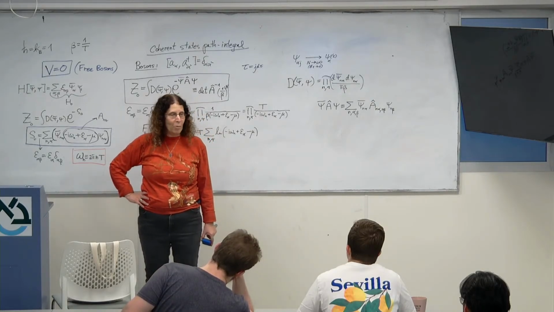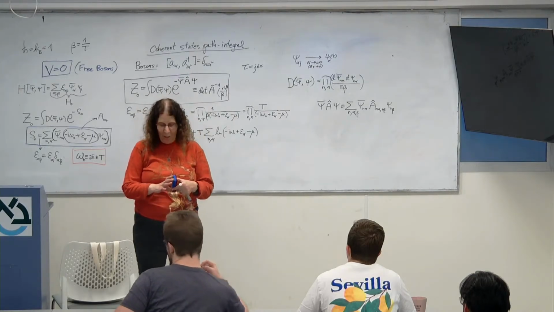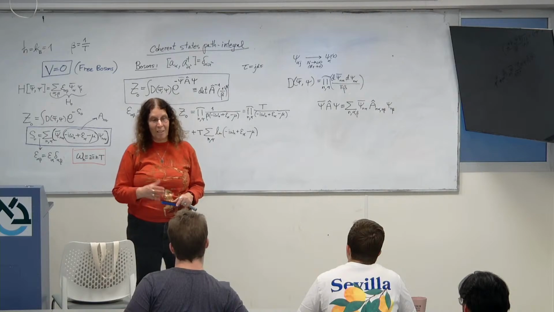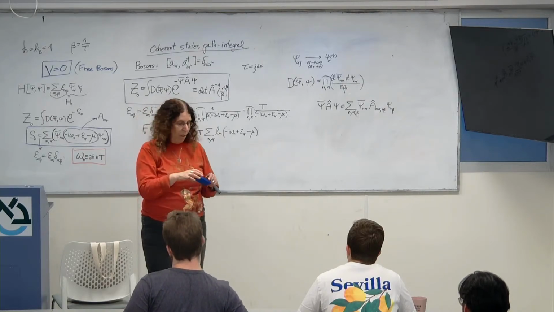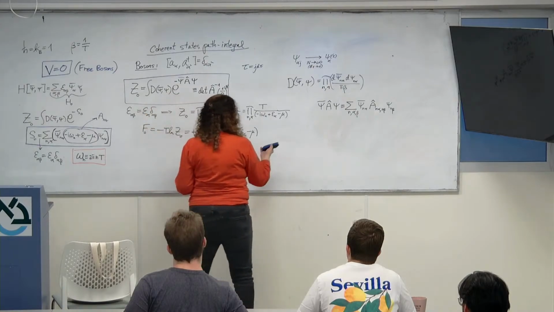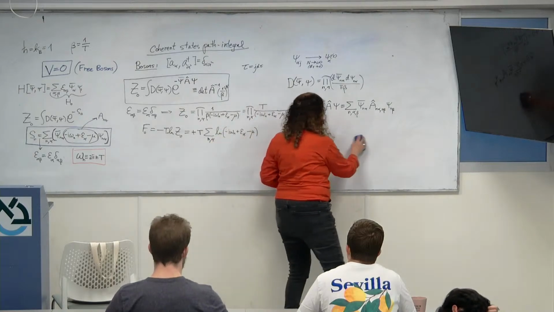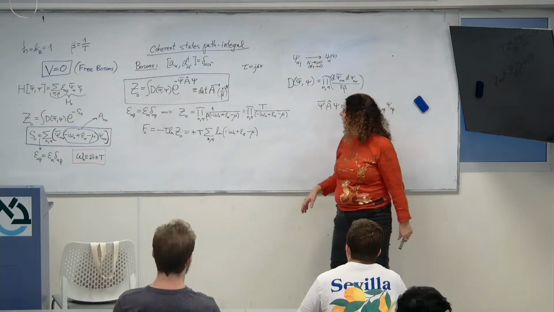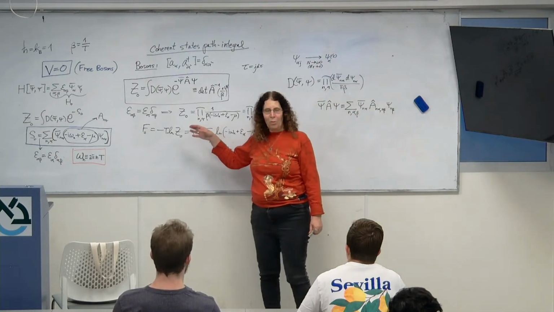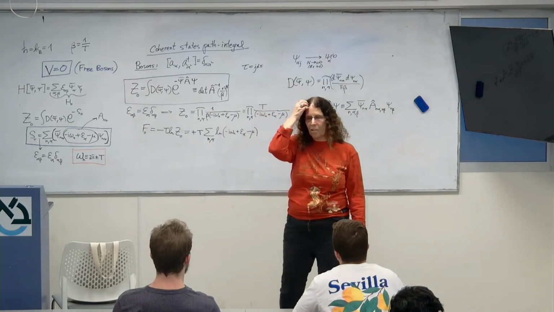Or how do you call the function that describes it? You don't remember? Okay. It's the Bose-Einstein factor, right? So in fact, you can get it from this, and it's a very simple calculation. I mean, simple under the understanding that you learn how to do Matsubara sums, but as I said, there is a simple formula.